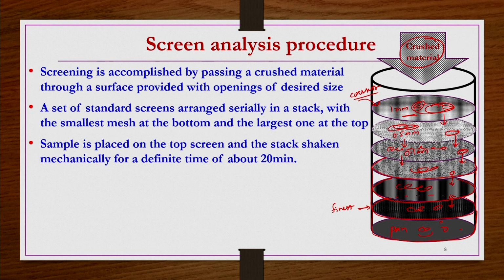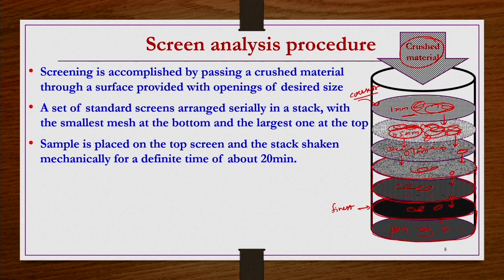The material collected on the second screen, having opening 0.5 mm, is expected to be between 0.5 mm and 1 mm only, right. That is a kind of narrow size distribution, but not all particles will be 0.5 mm, and not all particles will be 0.99 mm, because it has passed through the previous one. The distribution may be between 0.5 to 1 mm.